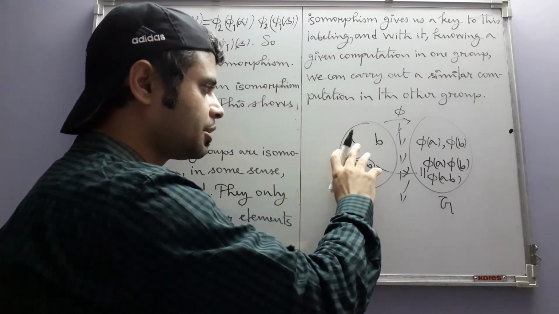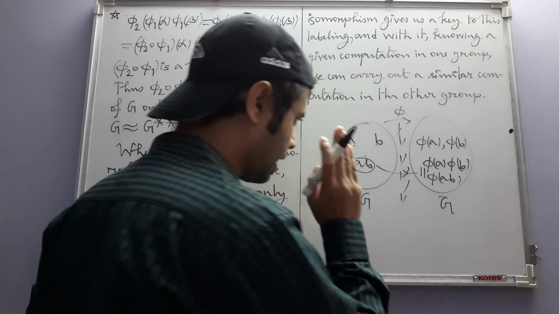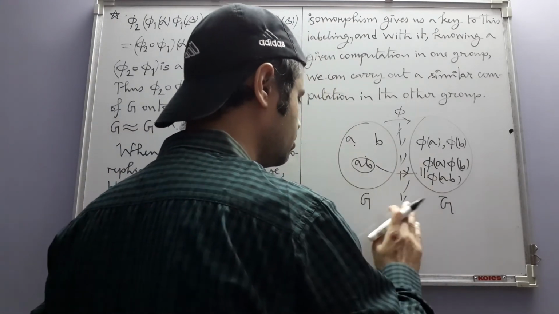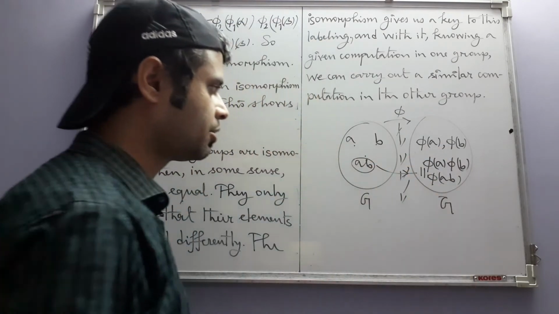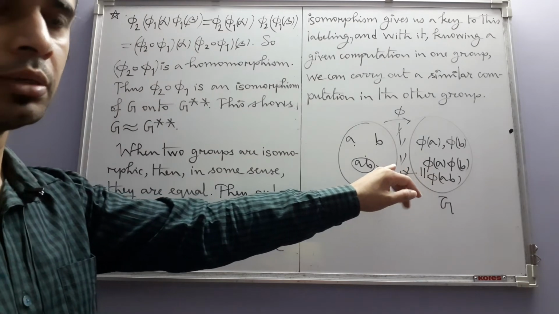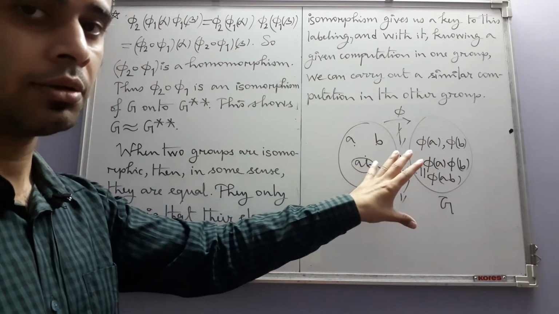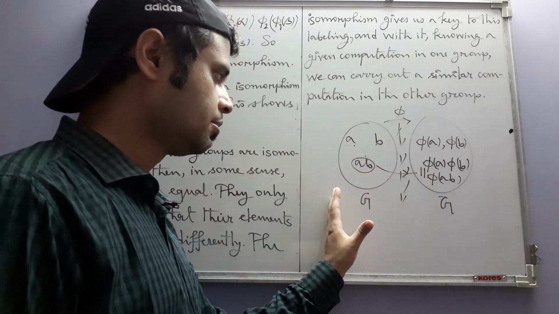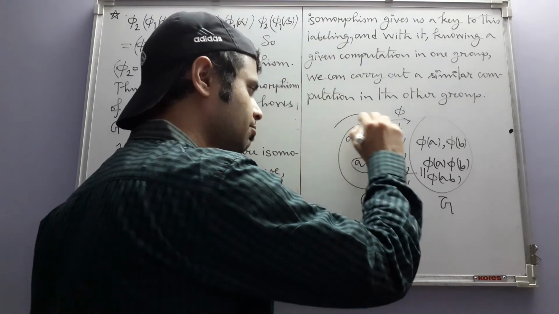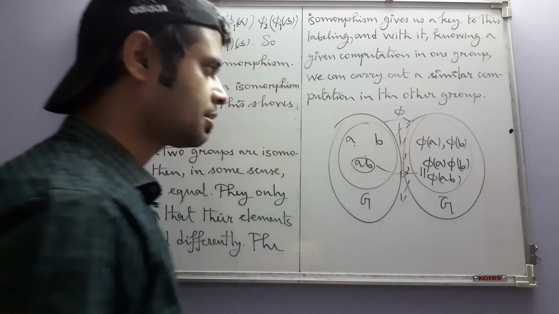Two different elements may have the same mirror image, but in an isomorphism, which is onto, there is a one-to-one correspondence between an object and its mirror image, just like what we have in the physical world of objects and mirror images. So in this case, whatever is happening in the first group, an exact same thing is happening in the second group.